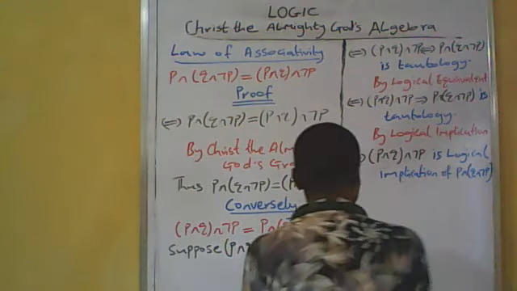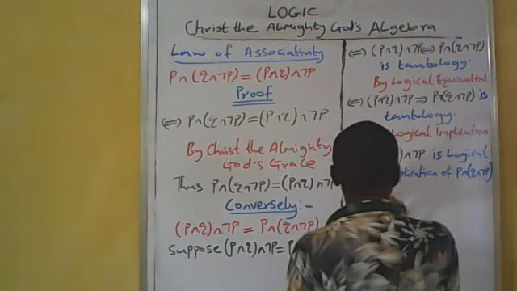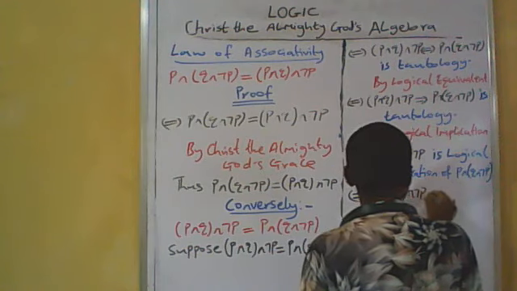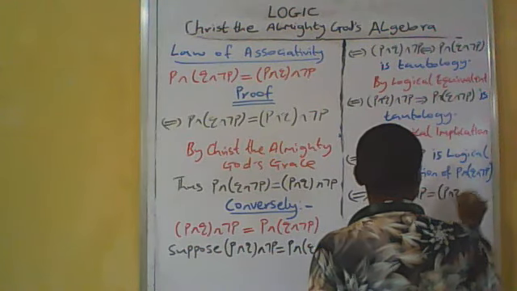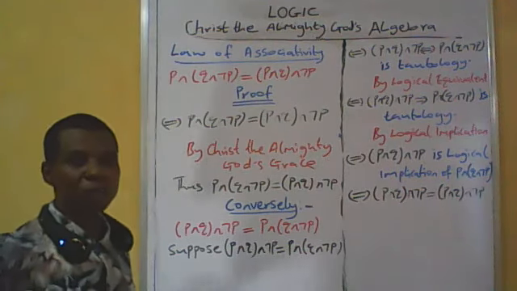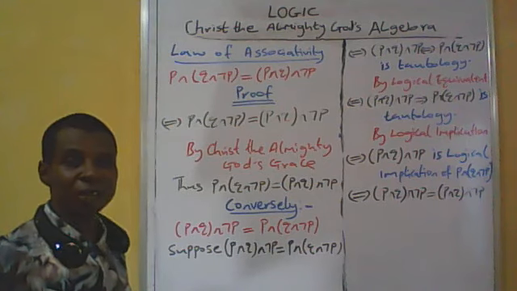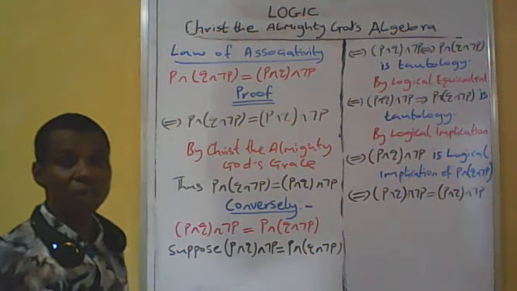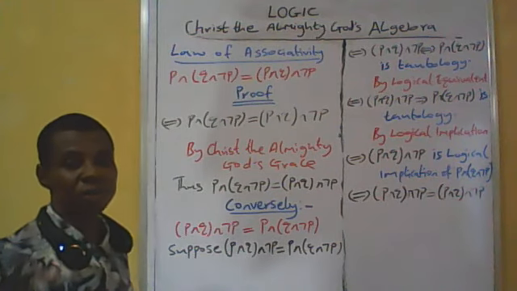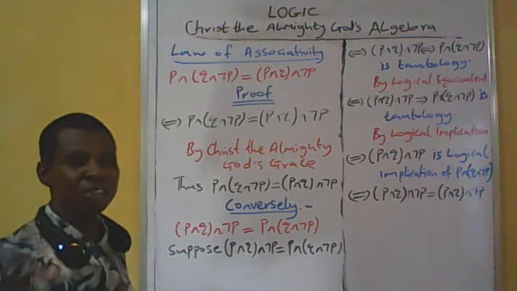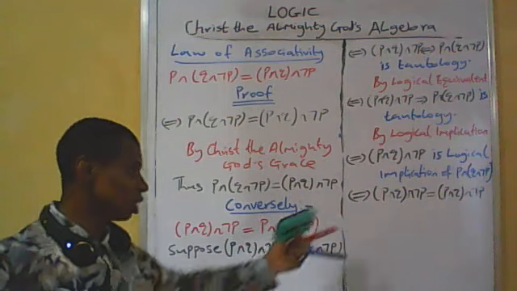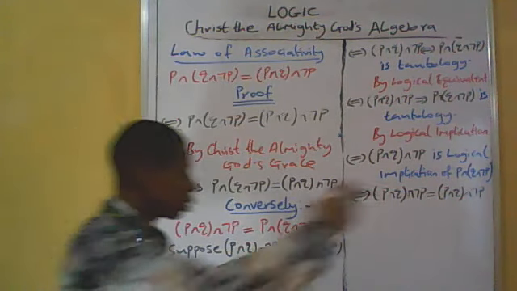So if and only if bracket P and Q and not P is equal to bracket P and Q and not P. That means the logical implication is equal to itself by the logical equivalent. We say that whenever the left-hand side of the equation is true, also the right-hand side equation is also true.